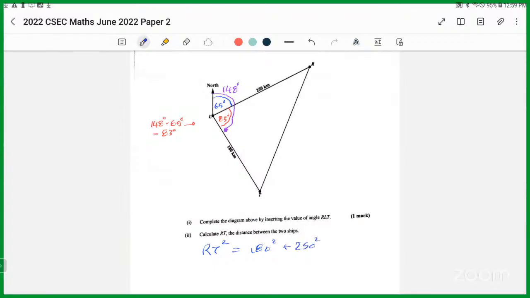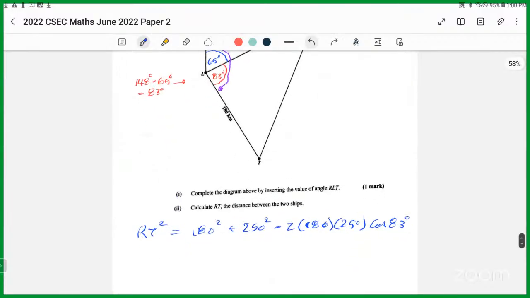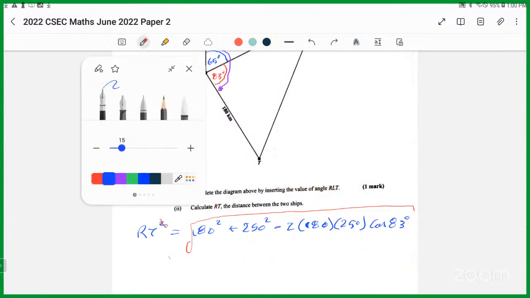Then you subtract twice 180 times 250 times the cosine of the angle between them, which is 83 degrees. Then you square root the right side, put all this in the calculator, and we will have what RT is equal to.